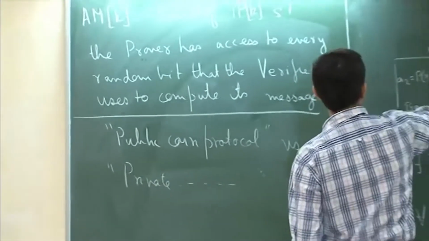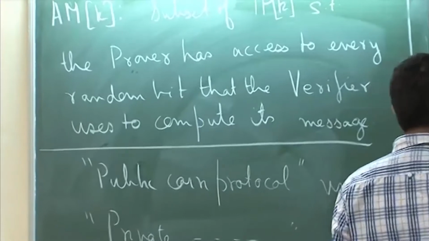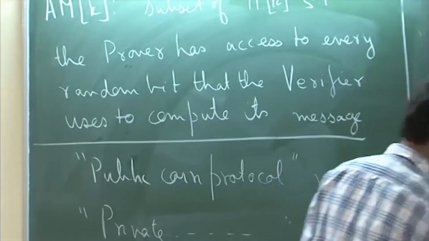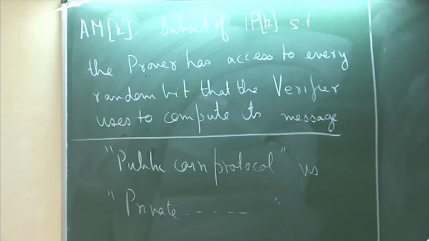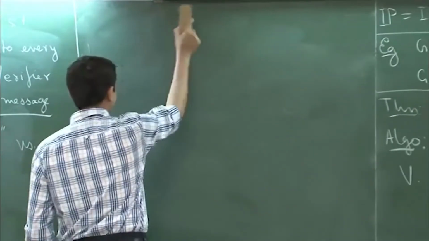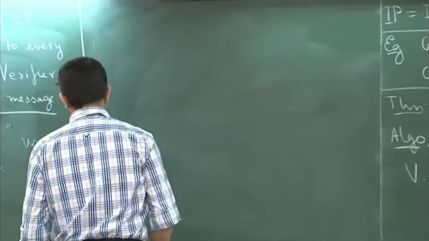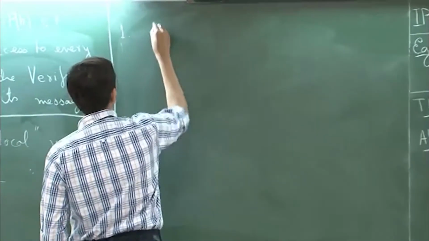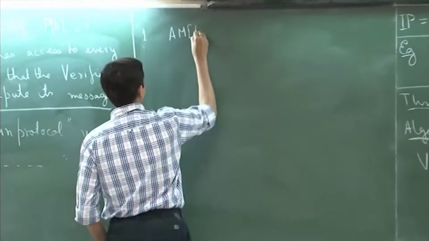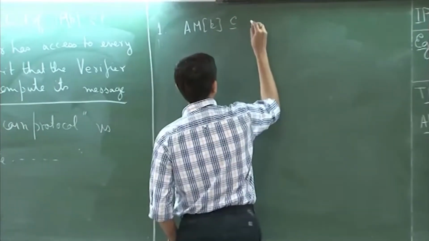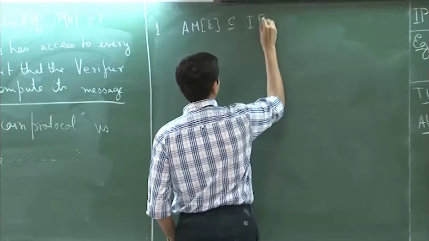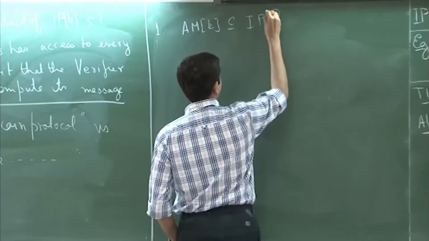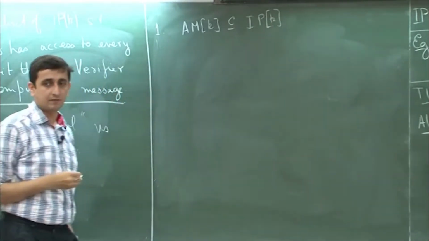So, let us look at some properties of these classes. Some of them are easy to see, but others we will prove later on. Of course, by definition AMk is contained in IPk.